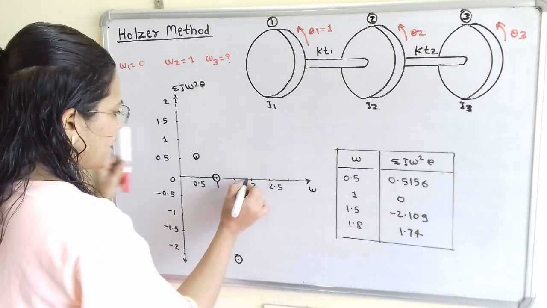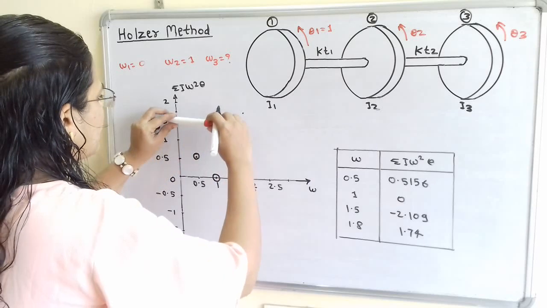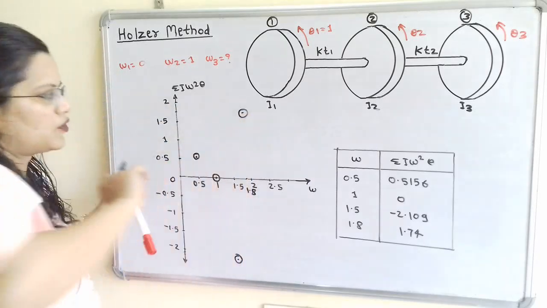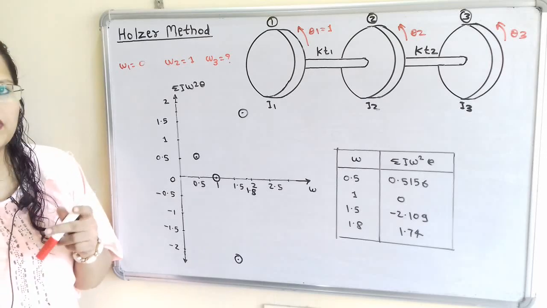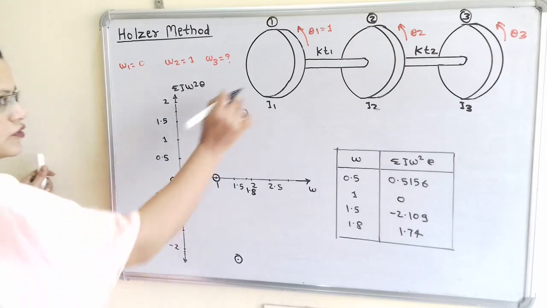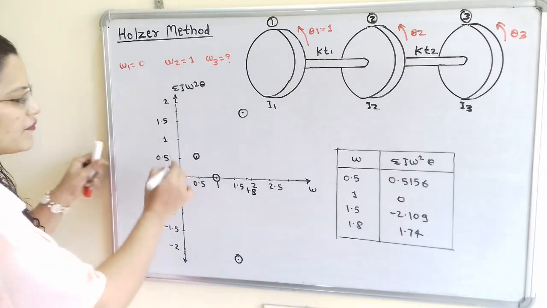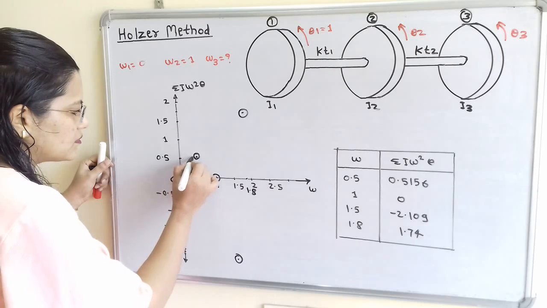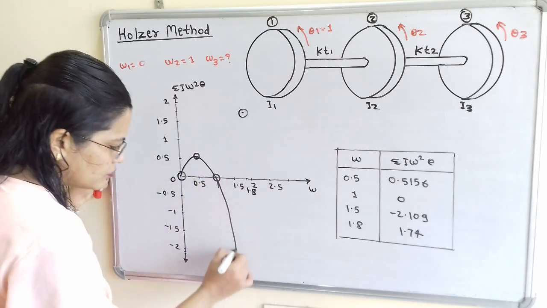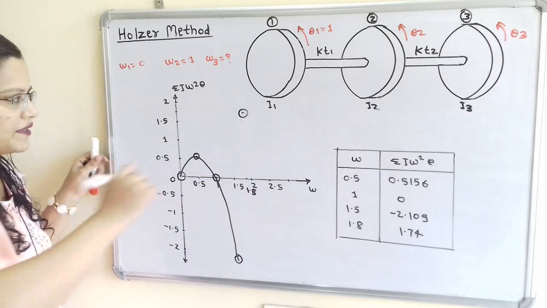Now we have to find the point of intersection, and here is the horizontal line. So here is the next point. Now we will join the points. We know that one frequency is 0, so we also take it because this is a semi-definite system. So here is 0. Now we will join the points in this way, and now these 2 points we have to join.